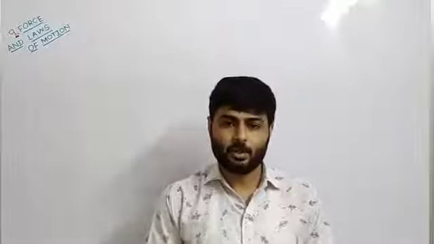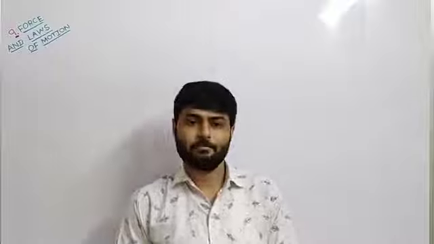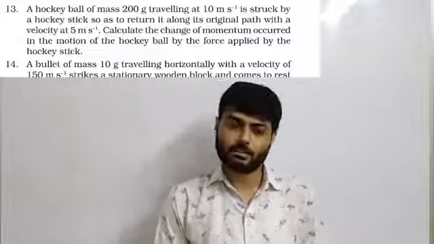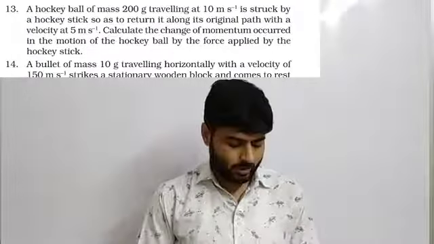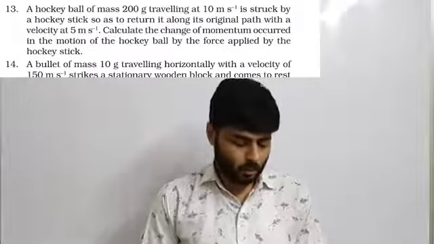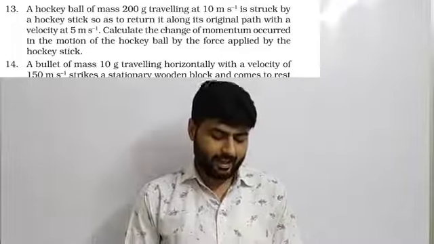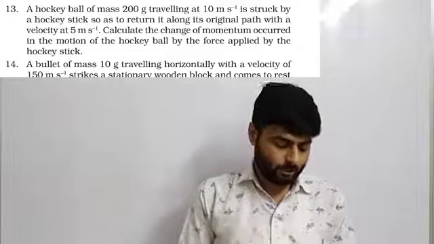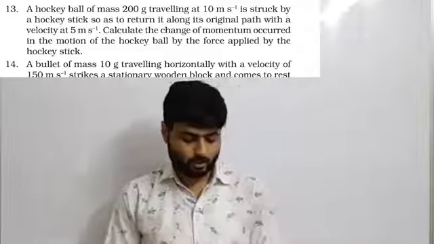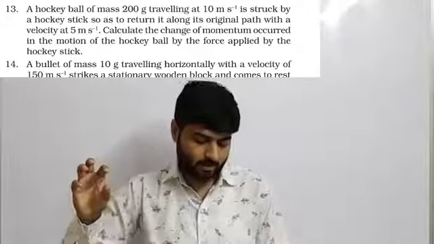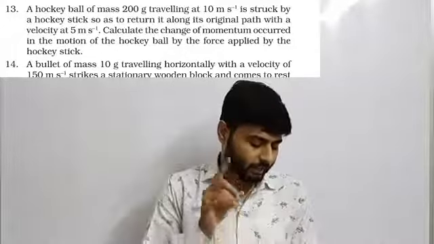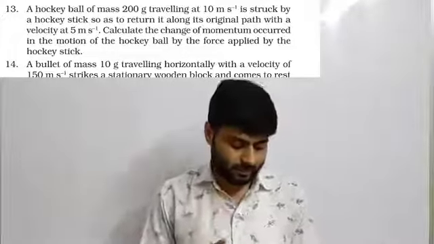Now let's move on to question number 13. Read the data. Question number 13, that is on page number 129 of your textbook. A hockey ball of mass 200 gram traveling at 10 meter per second is struck by hockey stick so as to return it along its original path with velocity 5 meter per second.